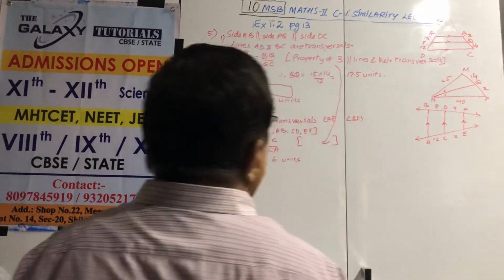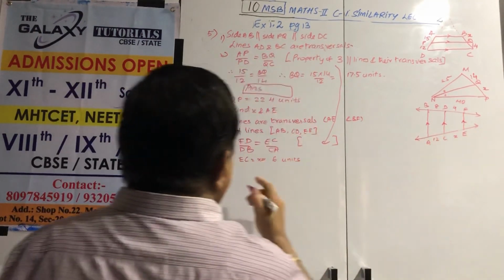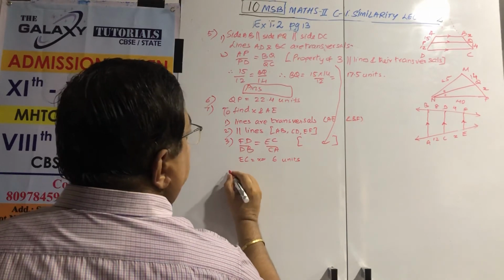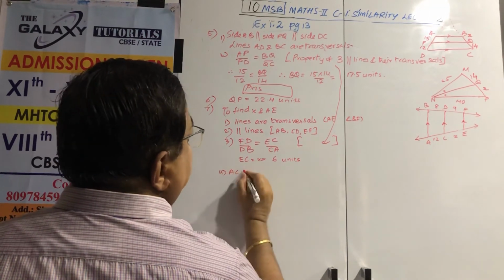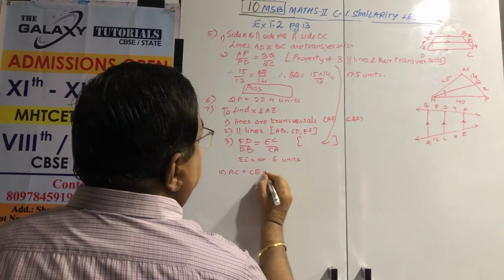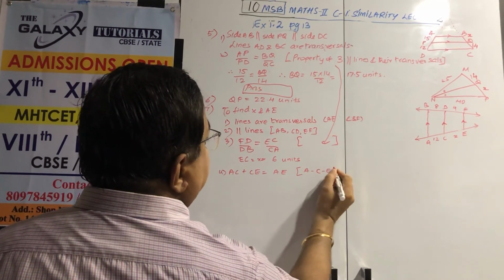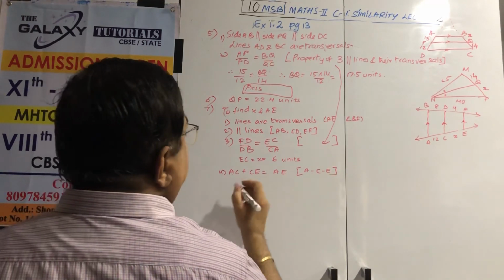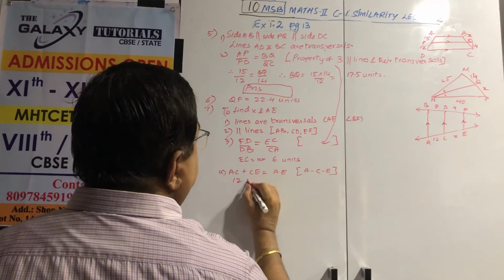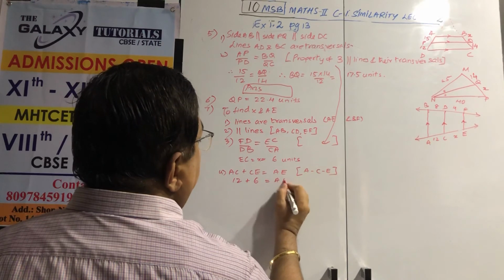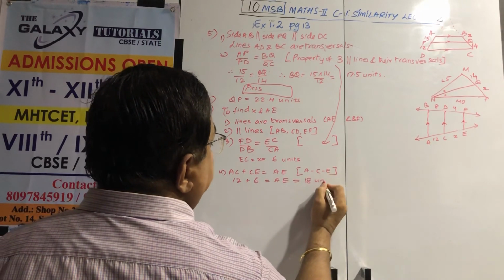Now we'll do addition: AC plus CE is equal to AE, because C lies between A and E. AC is 12, EC my friends is 6, so AE is 18 units.